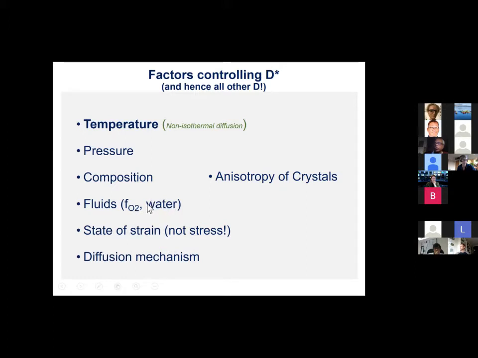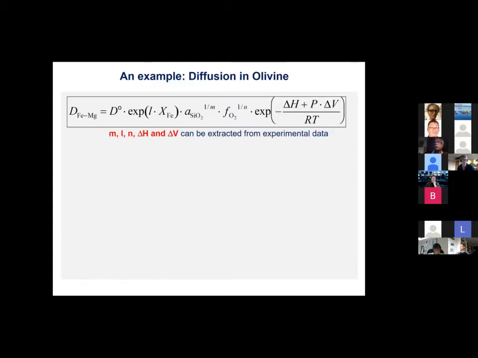Water can do the same sort of thing, so they can affect diffusion rates. The state of strain of a crystal, how deformed it is, can affect diffusion in many different ways, actually. And you can have many different diffusion mechanisms. So those are the different factors that control diffusion. I'll just focus on temperature for one more slide here and show you something.